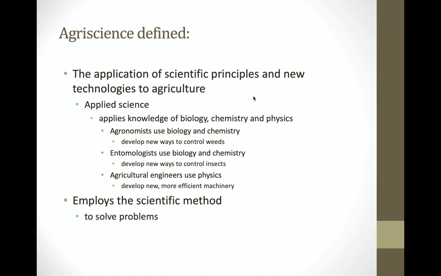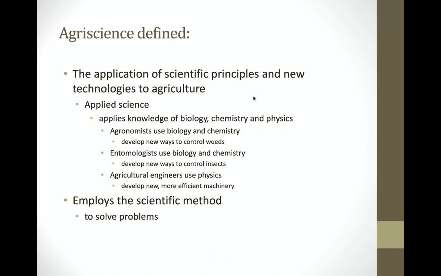But basically, whenever we are talking about agri-science, we're talking about principles in agriculture combined with different areas of science. And so when we talk about an applied science, it basically means that we are talking about a science where you actually are doing hands on type stuff.